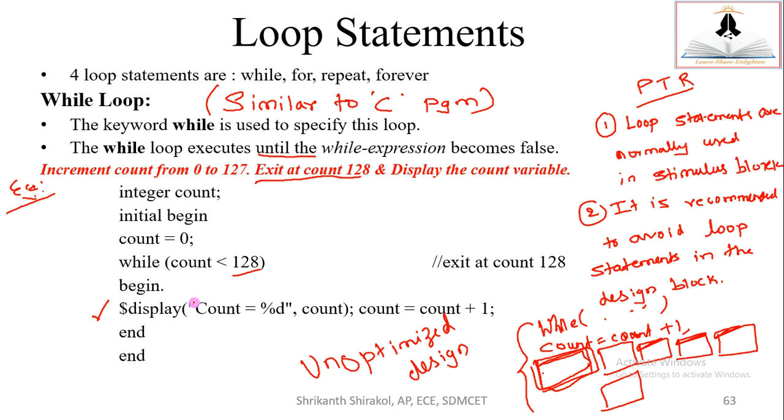The dollar display system task is used only for simulation purposes. So dollar display count is equal to percentage d count, which we have already discussed. As count goes on incrementing, it goes on displaying. Initially count starts with 0, so 0 is displayed first, followed by count equal to count plus 1.